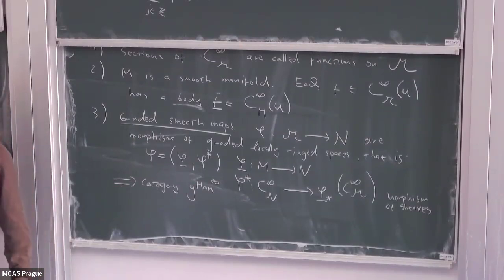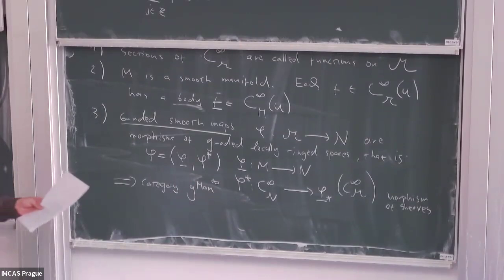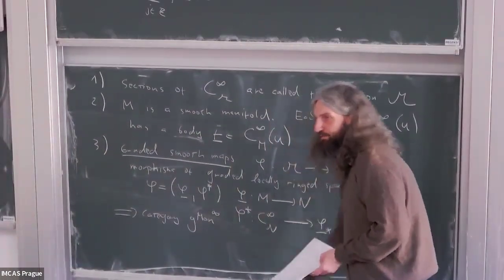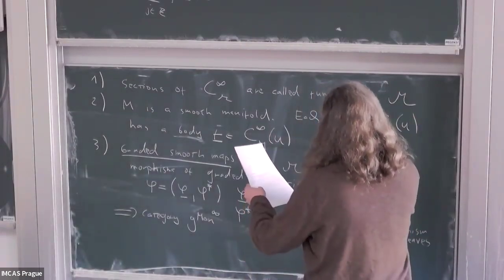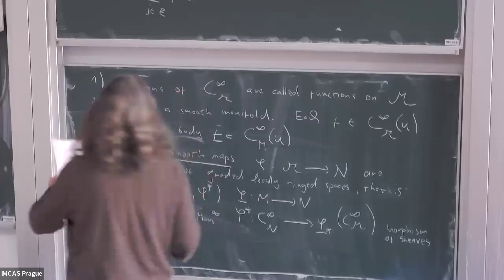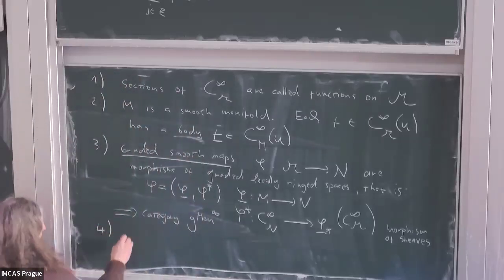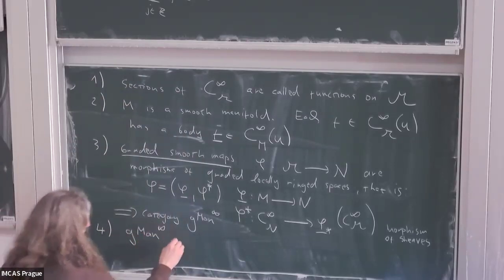So ordinary manifolds are a subcategory of this category, in fact a full subcategory. Okay, and what is interesting about this category is that this category has finite products.